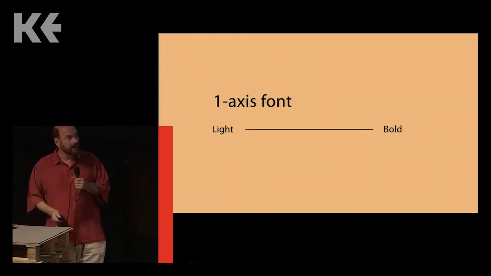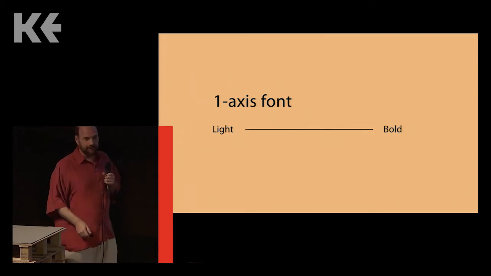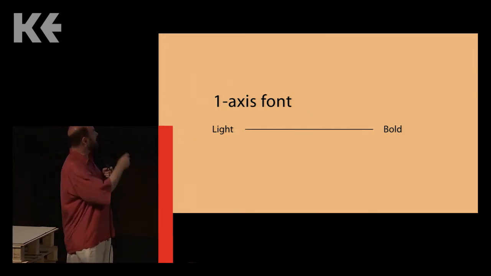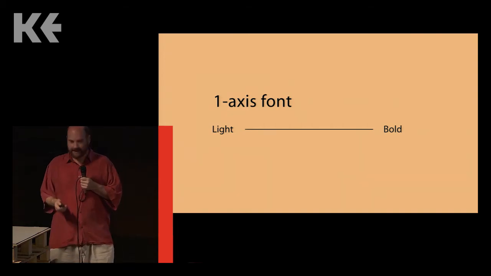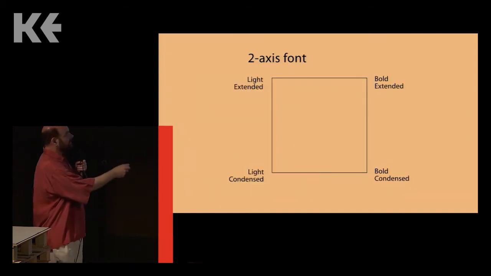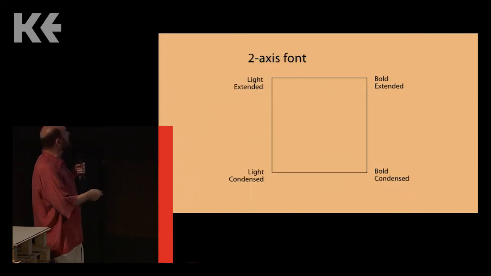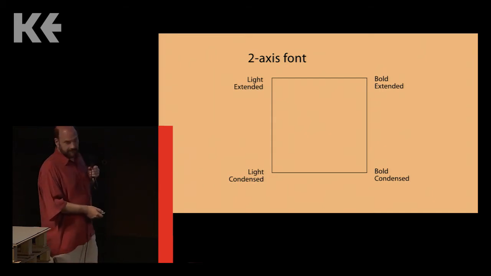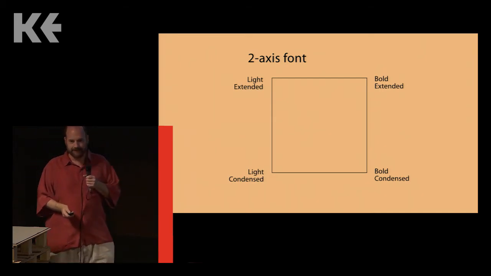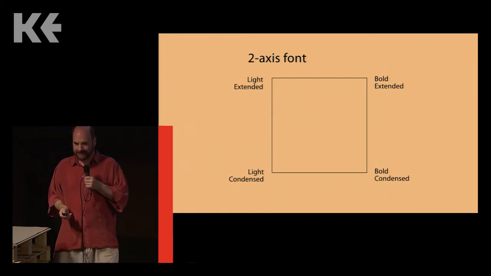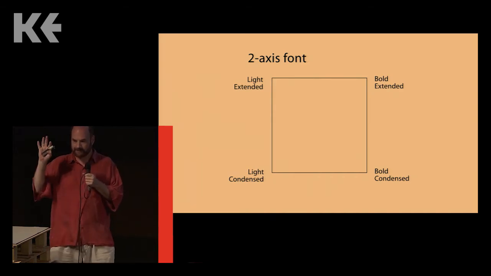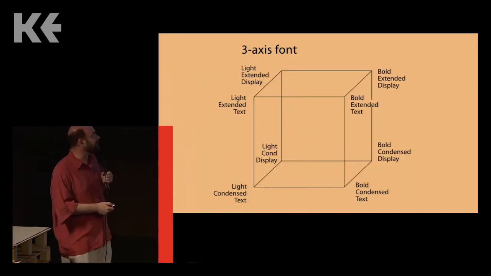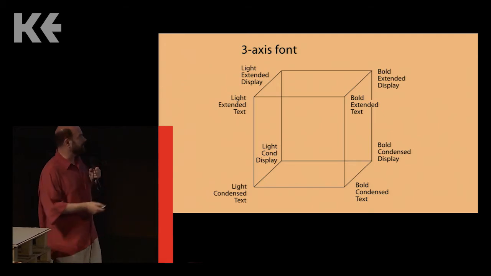So, a one-axis font is pretty simple. You can visualize it kind of like a line, right? You go from one extreme to another, like light to bold. That's simple. A two-axis font is like a flat space, a plane, perhaps, maybe a square. Again, pretty easy to visualize. You start getting into trouble as you add more axes, because it starts getting harder to really think about this as a space in dimensions, right? 3 axes, okay, we can visualize 3-dimensional space.